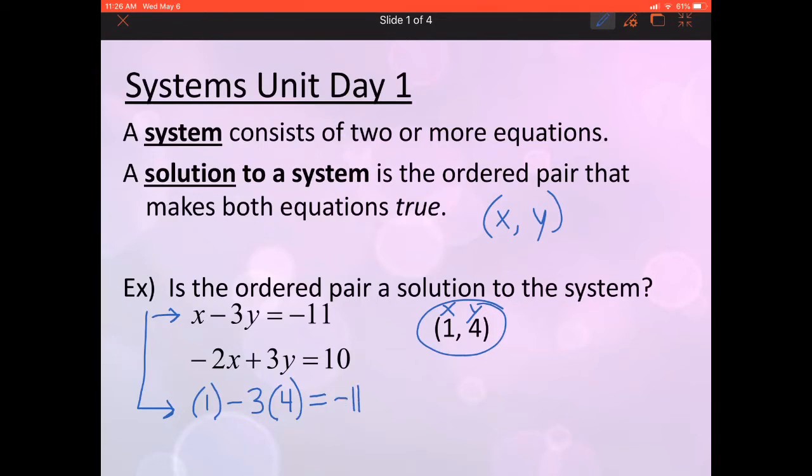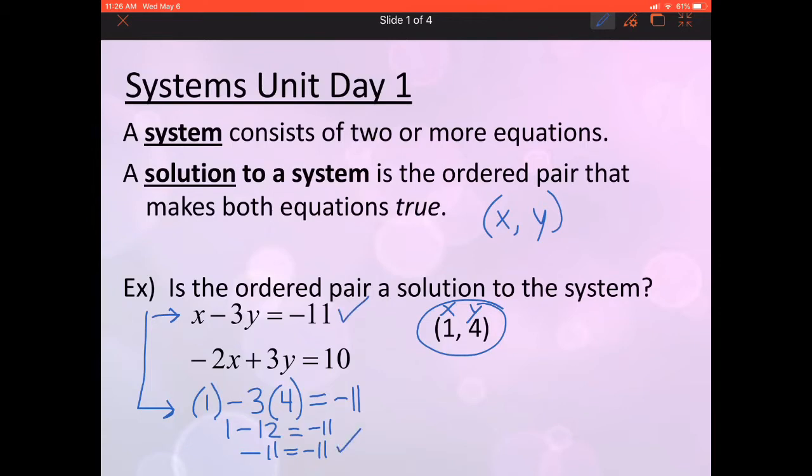So I have 1 minus, and when I multiply, that's 12. Remember to use your order of operations or put it into your calculator in one step. So 1 minus 12 is negative 11. So the two sides came out to be equal. So it is true. So it works for the first equation.